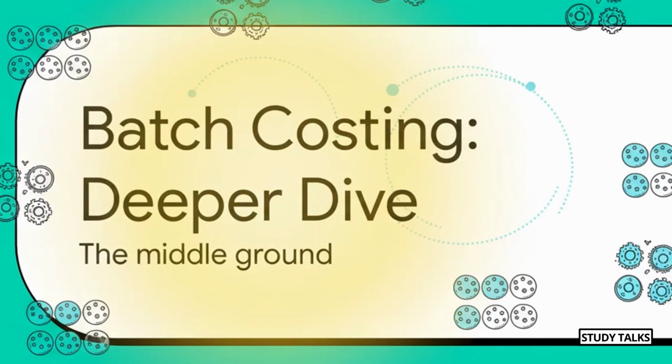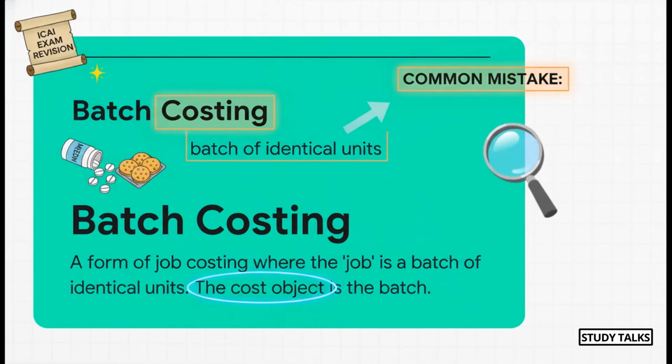Okay, but what if you're making identical items, but not in some continuous, never-ending stream? What if you produce them in specific groups or lots? Well, that brings us to the fascinating middle ground, batch costing. Now, batch costing is technically a form of job costing, but it has a really important twist. Here, the job isn't a single unique product, it's a whole batch of identical units.